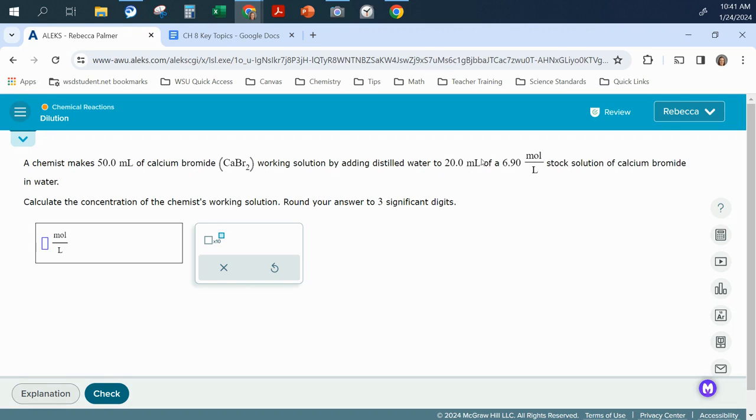So these 2 are talking about the same solution. If you find "of," that's almost always an indication that you can multiply those 2 numbers. So this one and this one are going to multiply. I'm just going to find "of" and multiply, and then find my other number and divide.